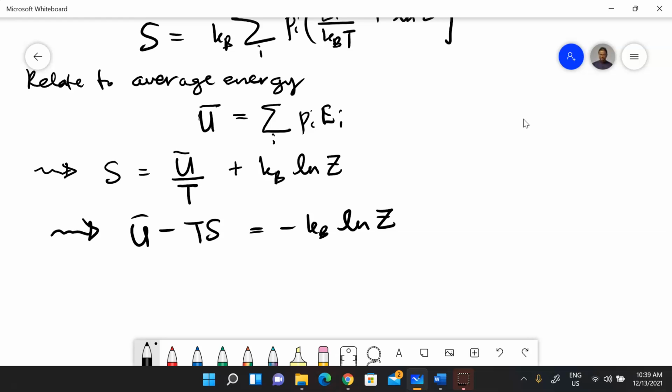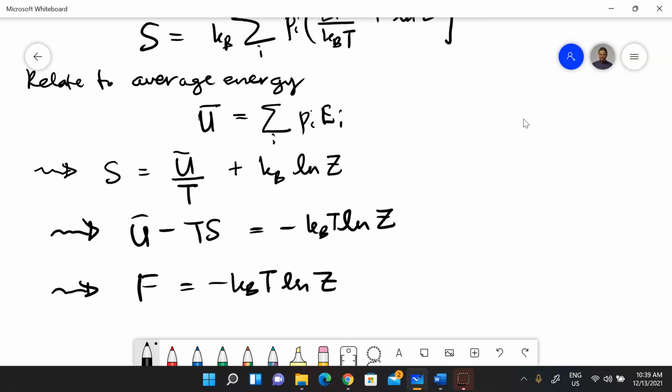This is essentially your free energy, Helmholtz free energy. I'm losing a T somewhere. Hang on. I'm multiplying T throughout, so I should be having T here. Sorry about that. So I will have k_B T log Z.